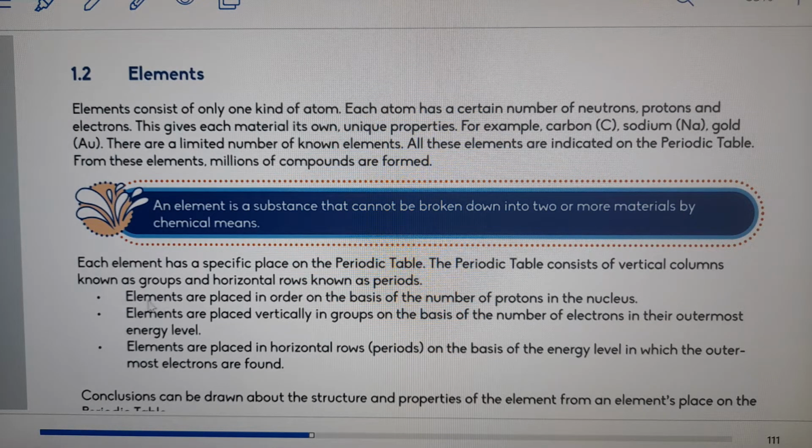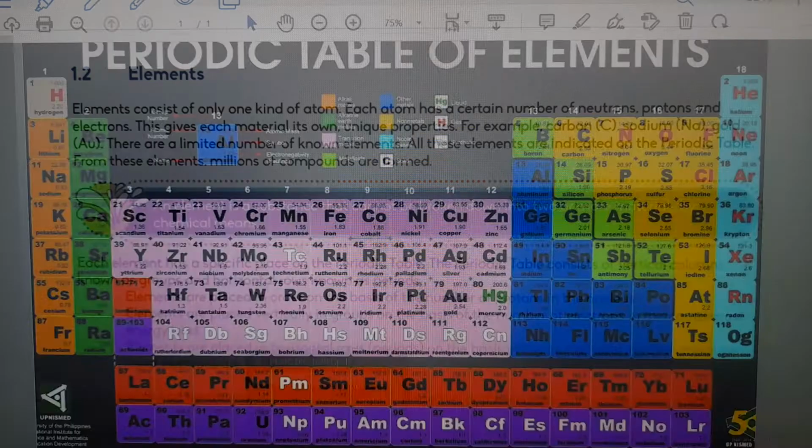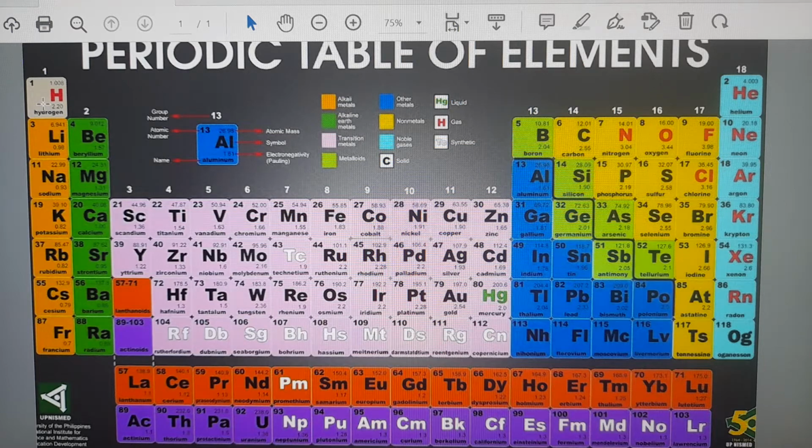Now they tell us that elements are placed in order on the basis of the number of protons in the nucleus. What does it mean? Our first element is hydrogen, and it is number 1, which means we have only 1 proton in the nucleus.